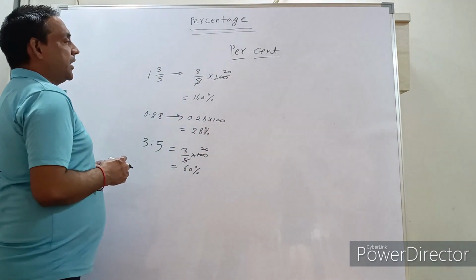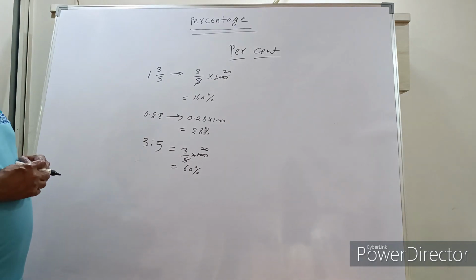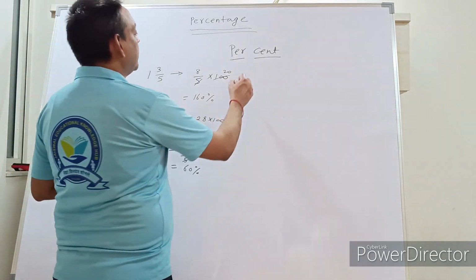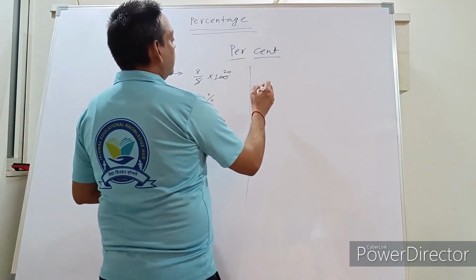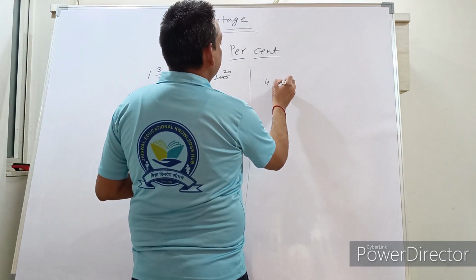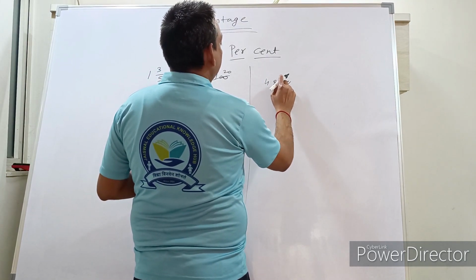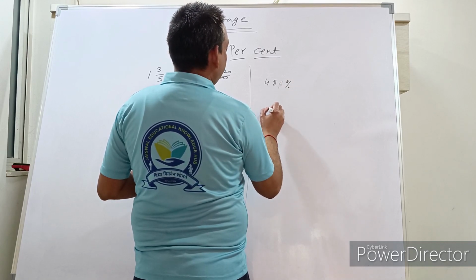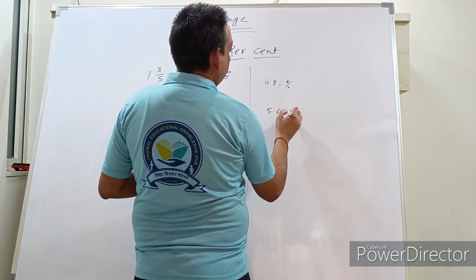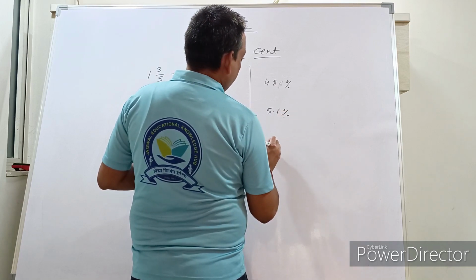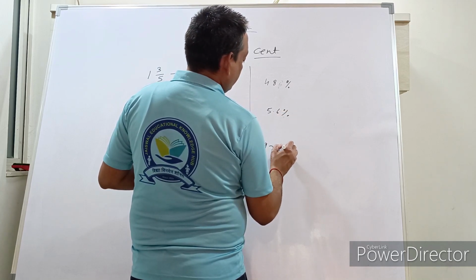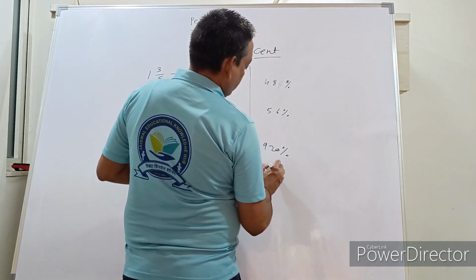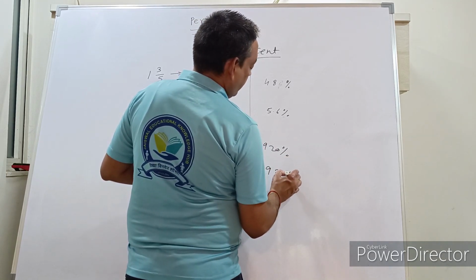Okay, same way, if they given you in percentage, suppose 48%, 5.6%, or 920%, 92% given.